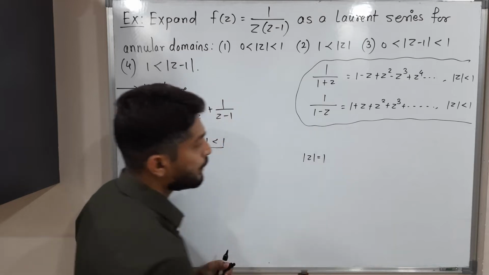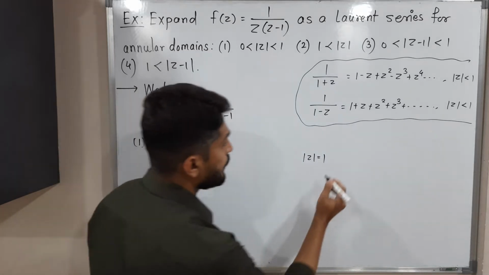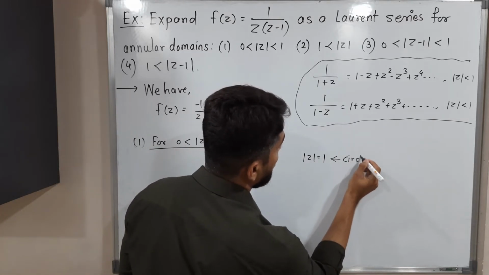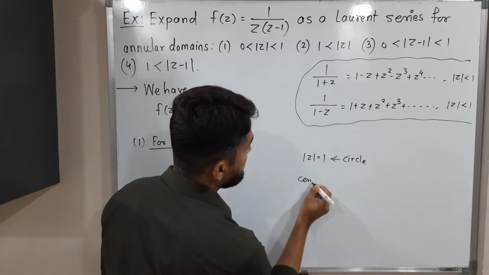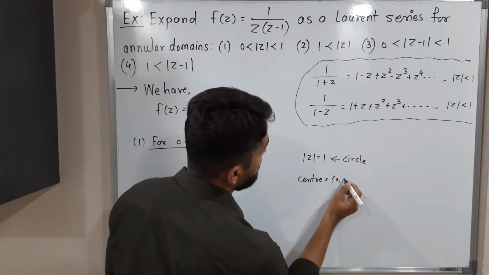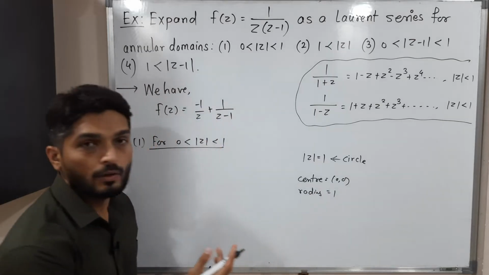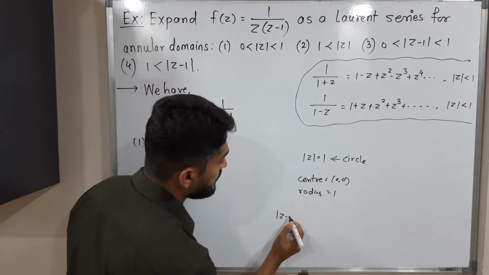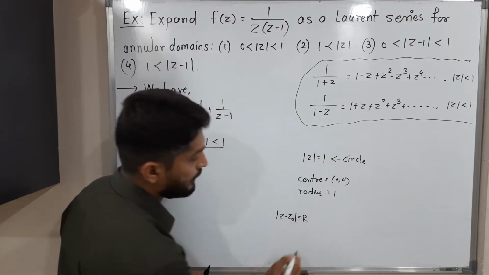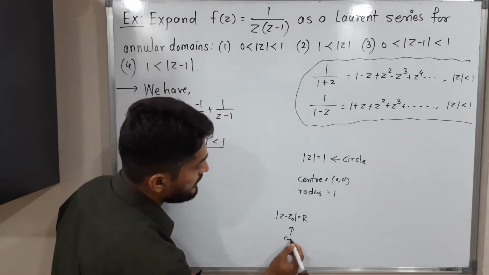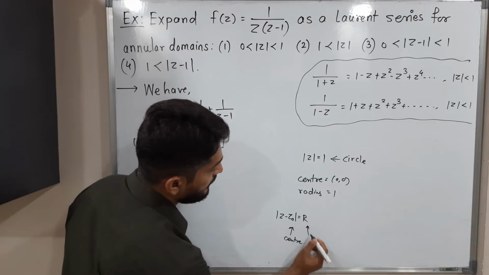Mod z is equal to 1. So we know that this is the equation of what? This is a circle, right? And what is its center? Its center is 0, 0. And what is its radius? Its radius is 1, since the standard equation of a circle is mod z minus z naught is equal to r, where this is the center and this is the radius.